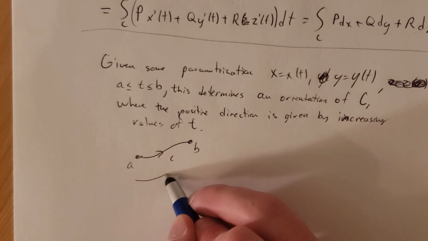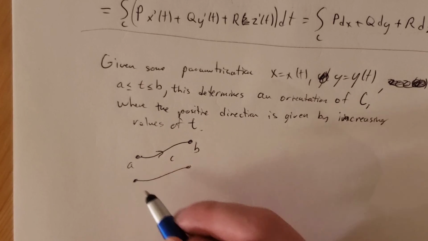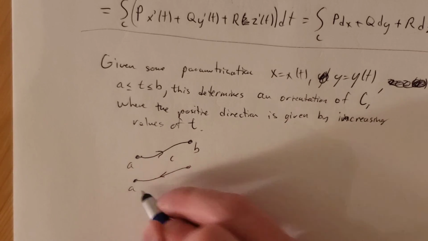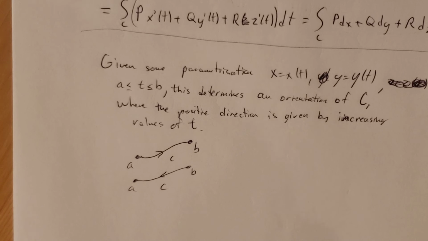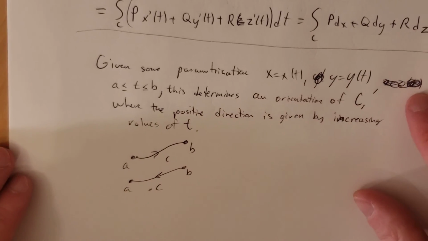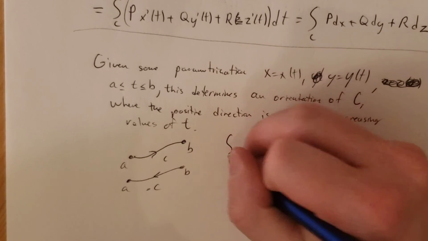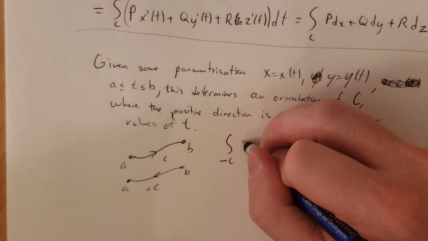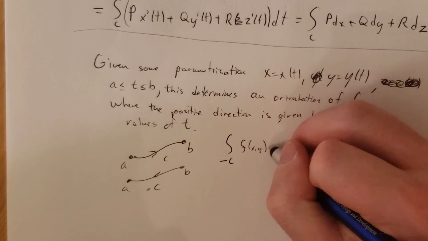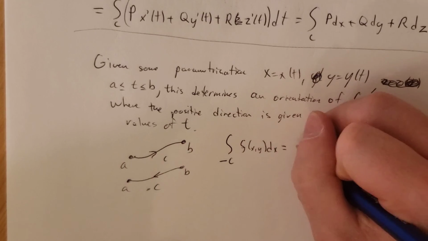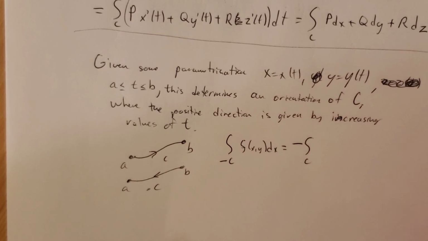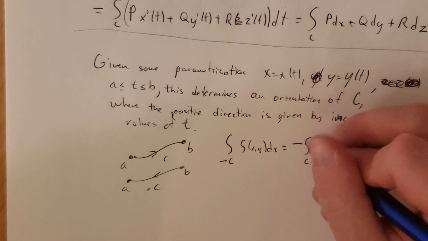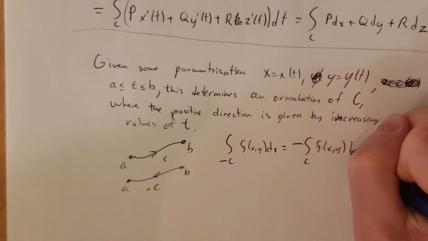If I draw that same curve C, but we want to move the other direction over that curve C, so from B to A, this is really the negative of the curve C. And in fact, if we are doing the integral in the negative direction of f of x, y, dx, this is the negative of the integral in the positive direction over C of f of x, y, dx.